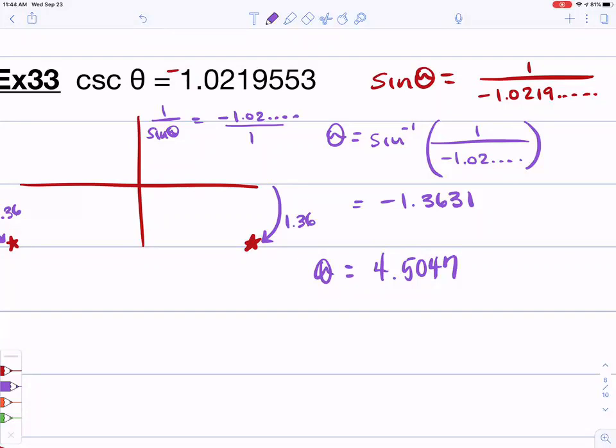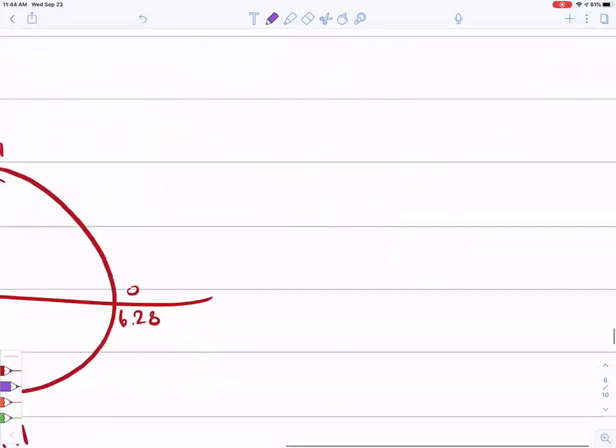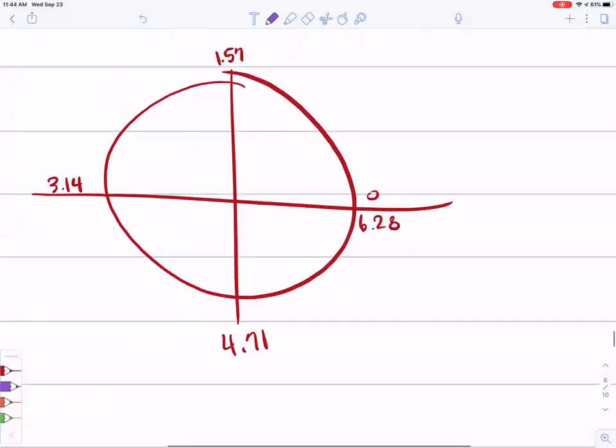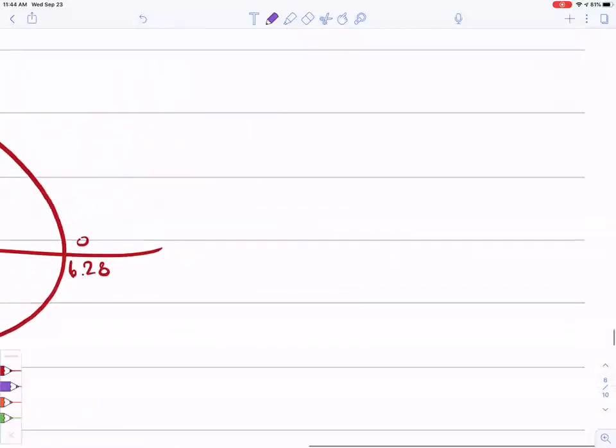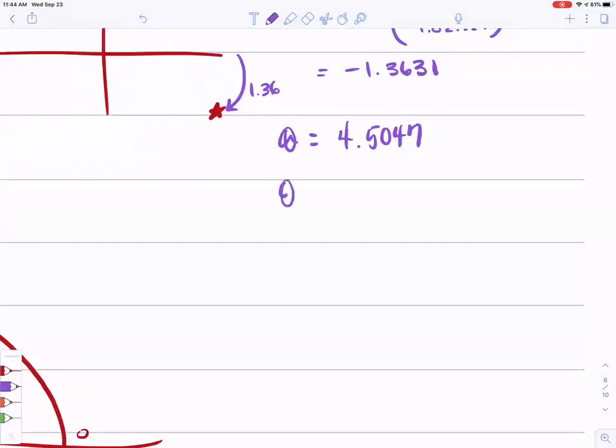Check it. Does it match the fourth quadrant? Does your number match? What did you get for that? 4.9186. I didn't get that. Is that what you guys got?